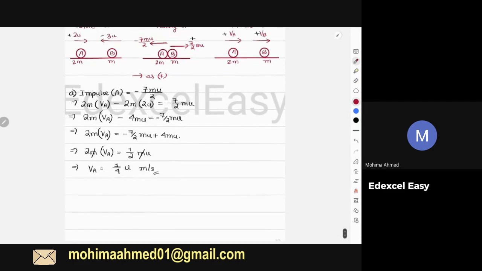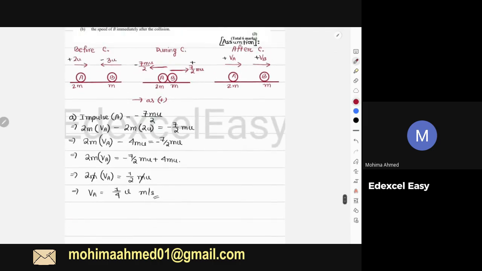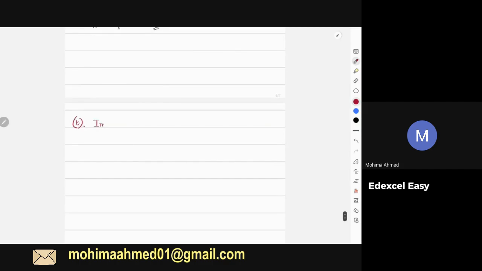For part B, if you remember, the impulse was in the positive direction. Final velocity was in the positive direction, but initial velocity was in the negative direction, right? So I'm going to write impulse for B equals positive 7 over 2 mu, and this is going to be m v.